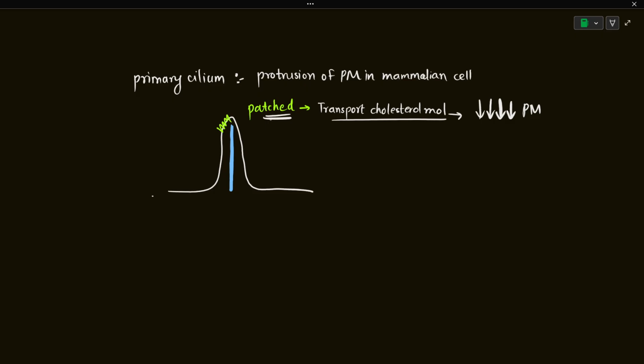Okay, so let me rephrase this whole thing in a single sentence. This patched receptor, which is a large transmembrane protein residing over the plasma membrane of the primary cilium, so over this membrane this patched receptor resides, and when it is activated, it is going to transport the cholesterol molecules from the cell membrane either into the extracellular matrix or into the endosome, which is going to result in a decrease in the cholesterol concentration in the plasma membrane.